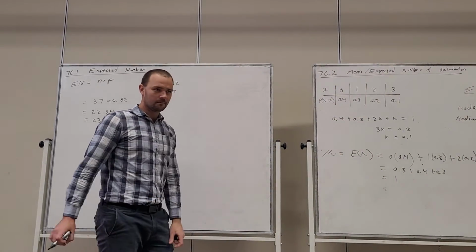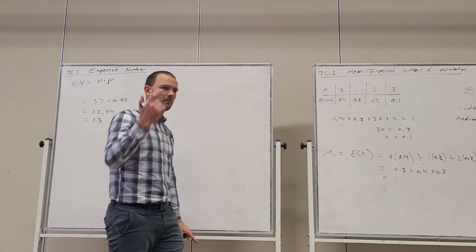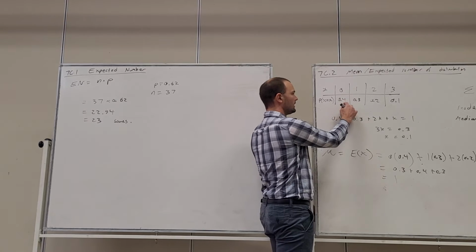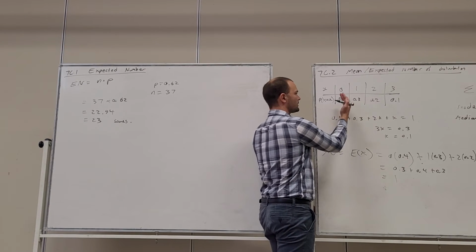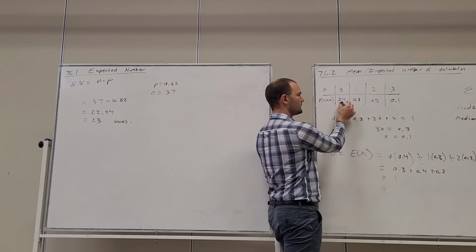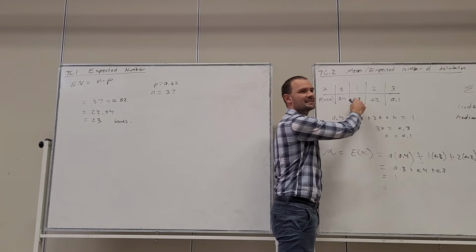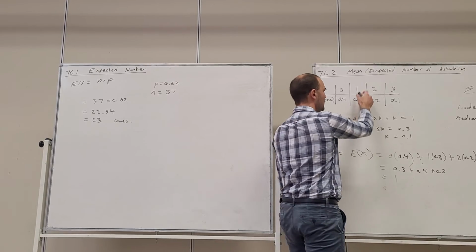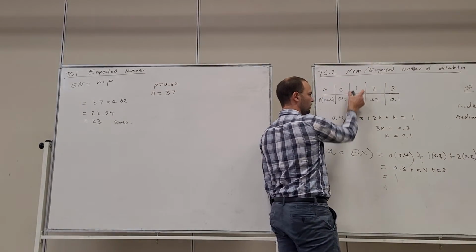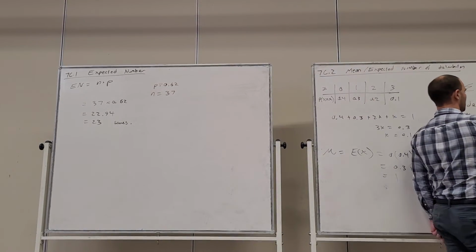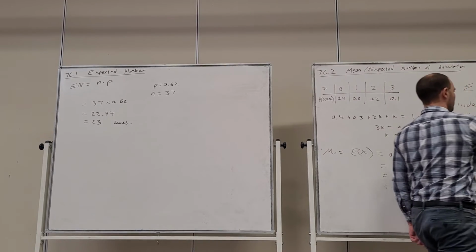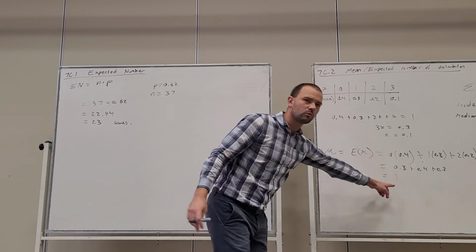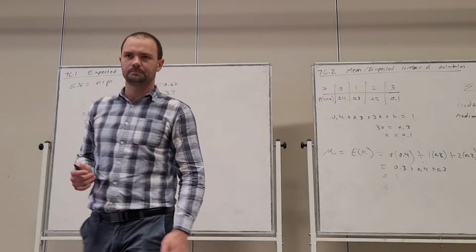And our median is when the cumulative probability reaches or exceeds 0.5. If we look here, the probability is 0.4. When we move on to the next event, we have 0.4 plus 0.3, we get to 0.7. That is where it exceeds 0.5, so the median occurs at x is 1. So for this distribution, we have a mode of 0, a median of 1, and a mean also of 1.